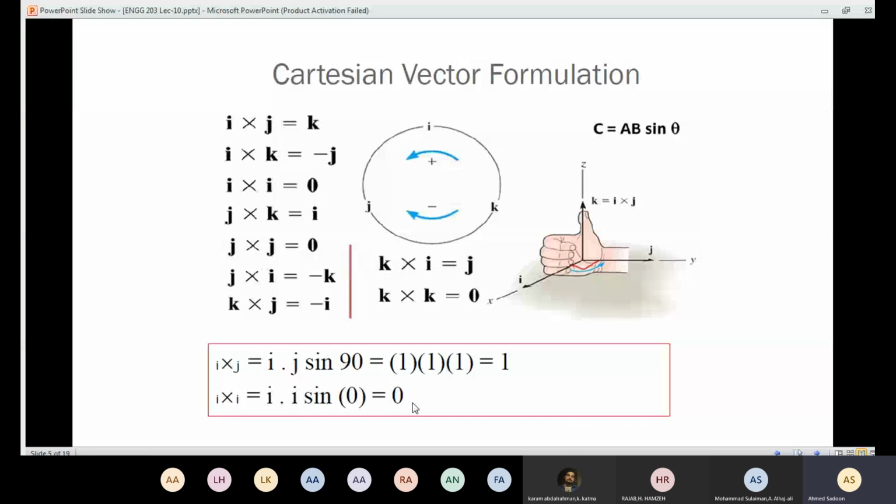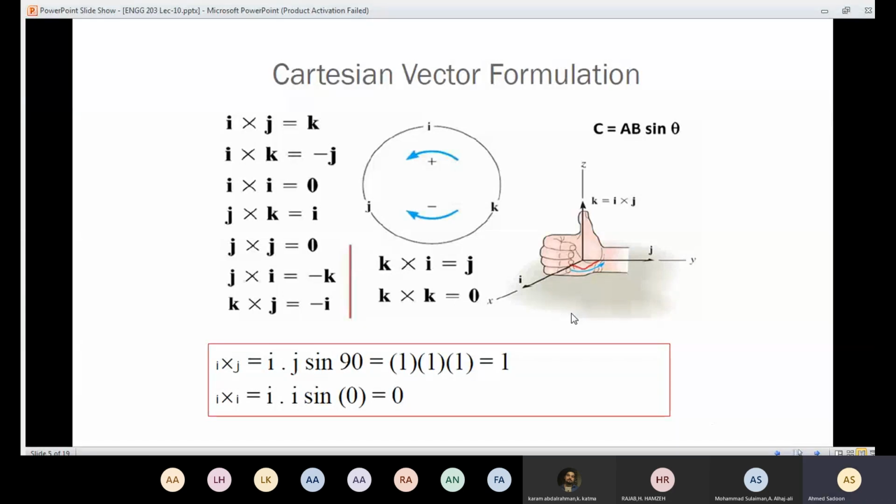That is why the value is going to be 0. And if the magnitude is 0, that means if you want the cross product of the same unit vectors, which means I cross I, or J cross J, or K cross K, the outcome will be 0.